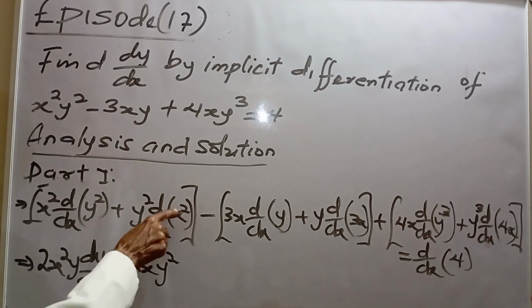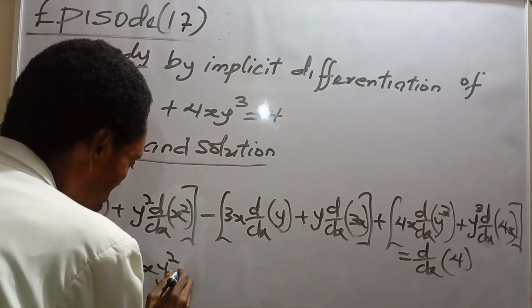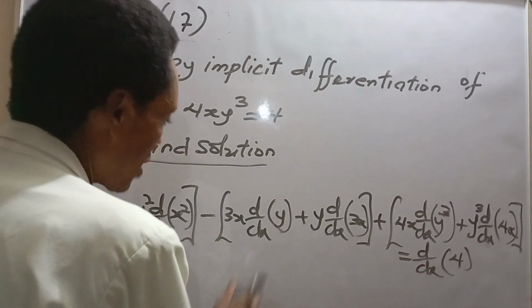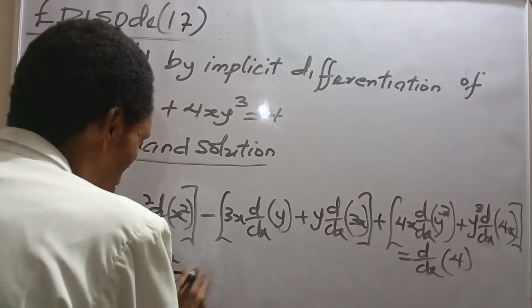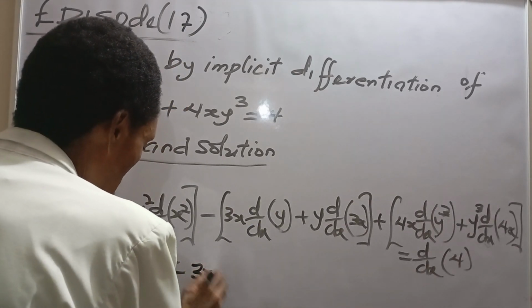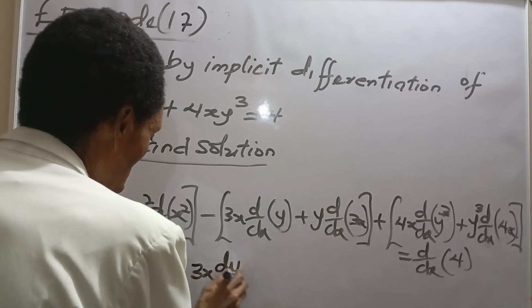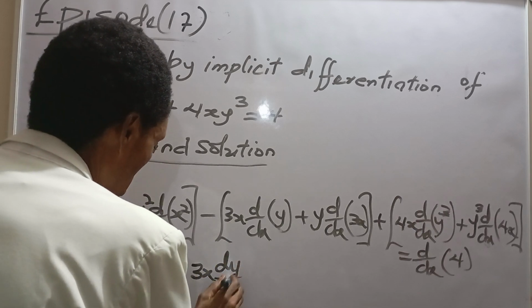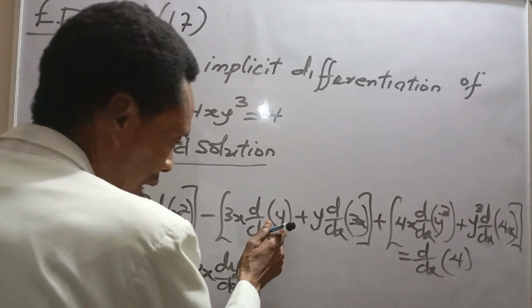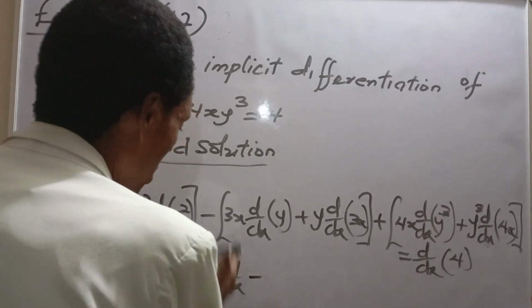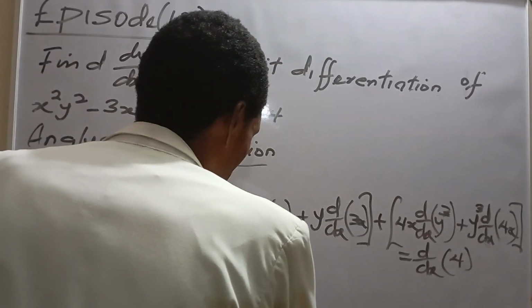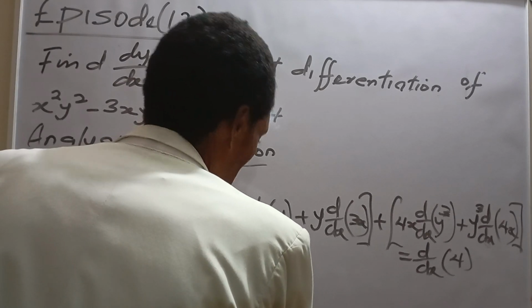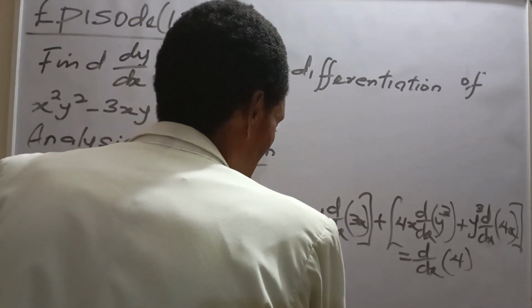Here I differentiated s. Then minus, coming to this side, differentiation of this one will just give you 1. 1 times this will give you minus 3s, then dy/ds, you know I differentiated y. Then minus, because minus plus will give you minus, differentiation of this one will give you 3. So 3 times y will give you 3y.